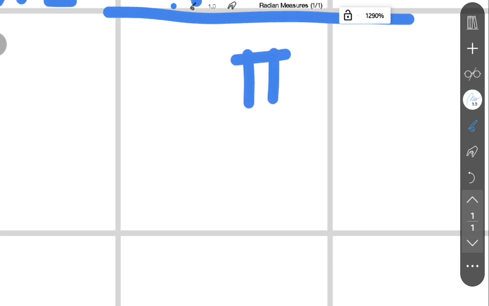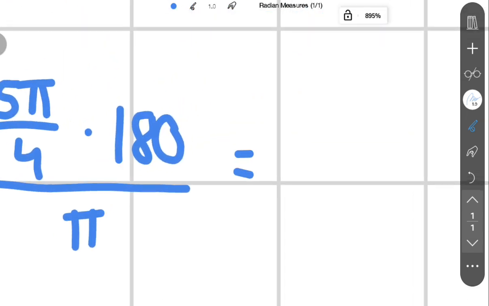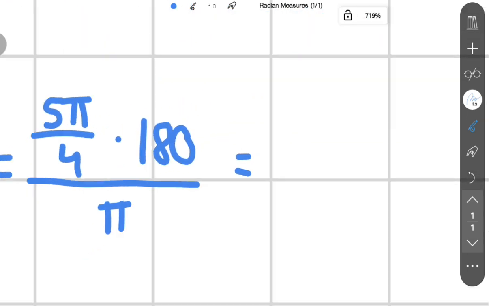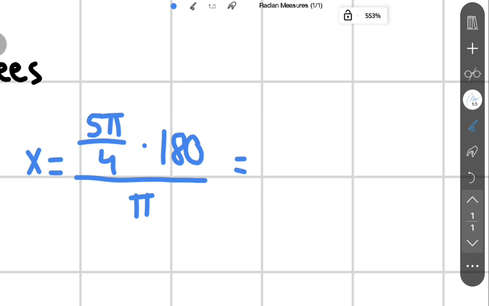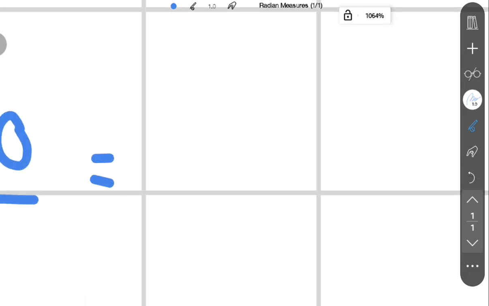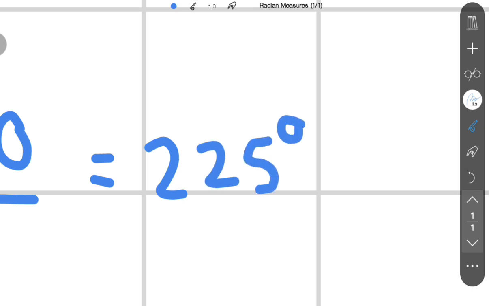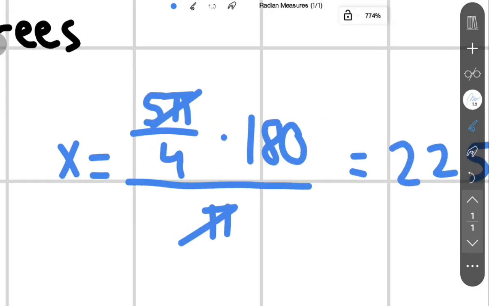Either way, the pi's will cancel out. But let's just input all this in the calculator: 5 pi over 4 times 180 all over pi. This is equivalent to 225 degrees. You can obviously do it without the calculator since the pi's will cancel out. 180 divided by 4 is 45, so you're doing 5 times 45, and that's basically it.